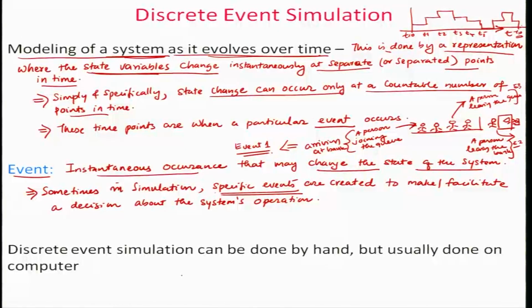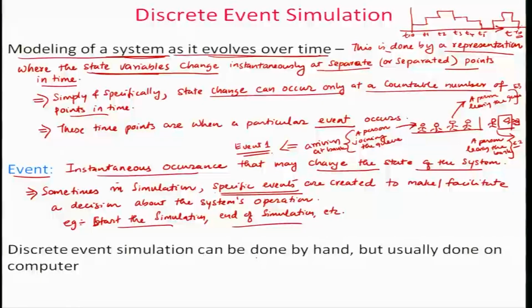So, what are those kinds of specialized events? An example of this will be start the simulation. End of simulation, etc. So, these kinds of specialized events that are created for you to run or facilitate the simulation model or operation of the system are also events.